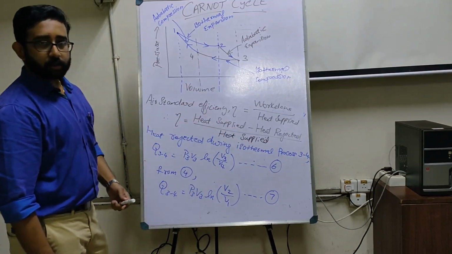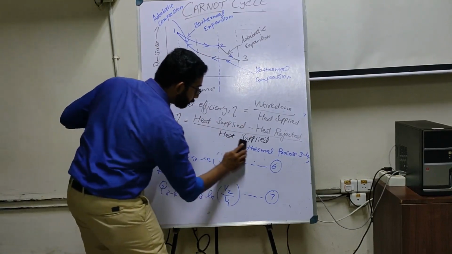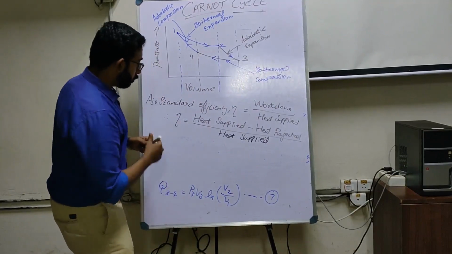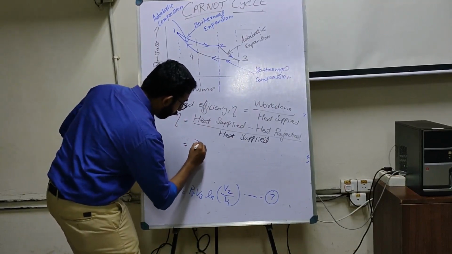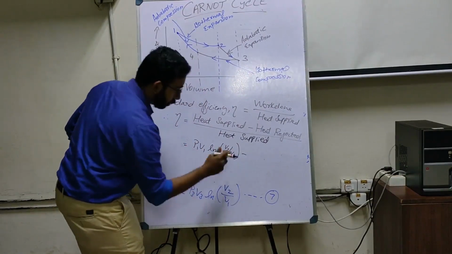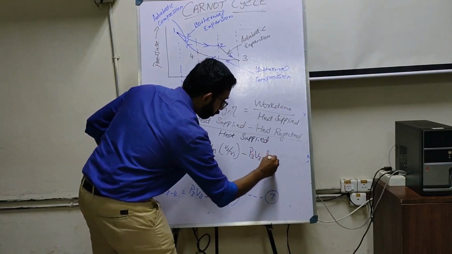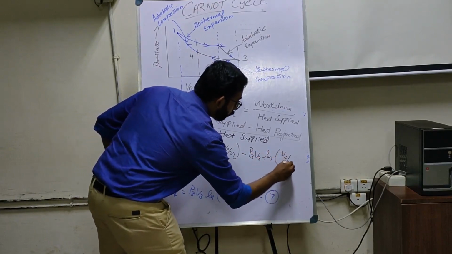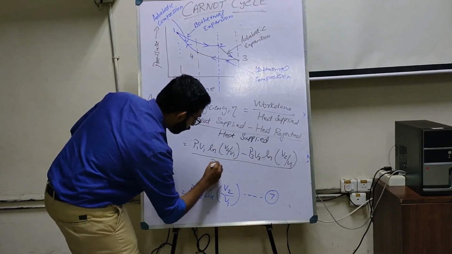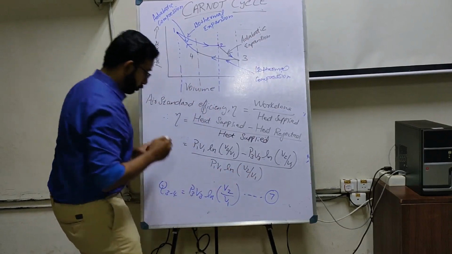Now we can substitute those equations in the expression for efficiency. That is, heat supplied is given by V1 log V2 by V1 minus heat rejected, that is V3 log V2 by V1, whole divided by, again heat supplied, V1 log V2 by V1.